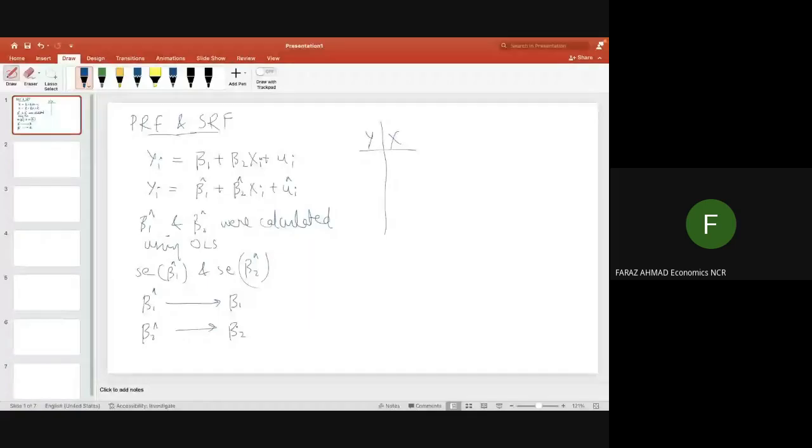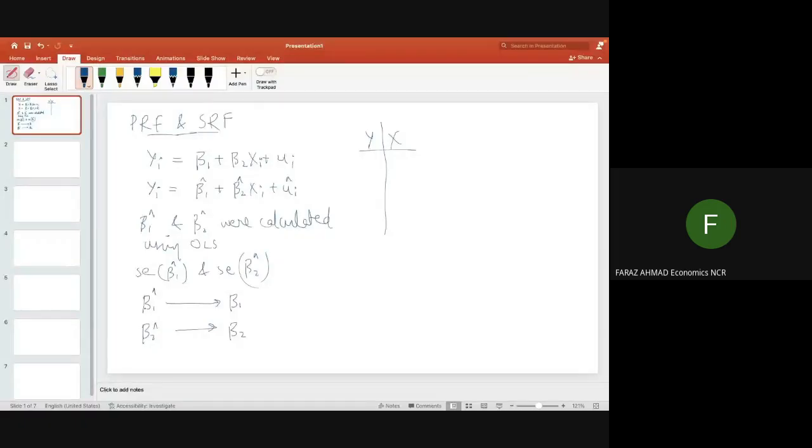Because our goal is to have an idea about beta 1 and beta 2, and what we have are beta 1 hat and beta 2 hat and their standard errors, now we are in a position to say something about beta 1 and beta 2 using beta 1 hat and beta 2 hat. And this is done using hypothesis testing.